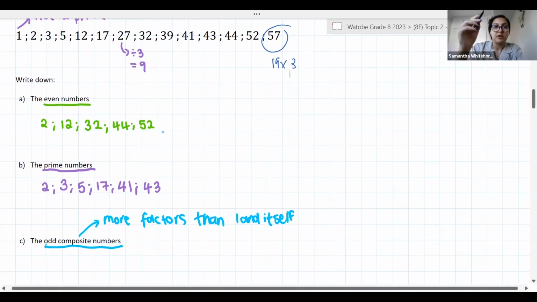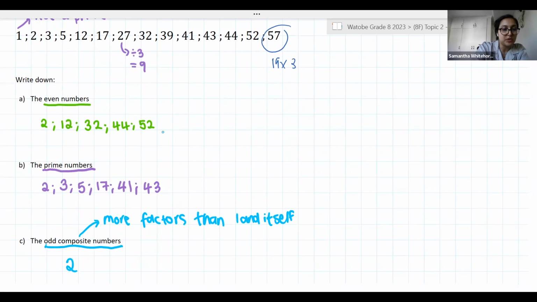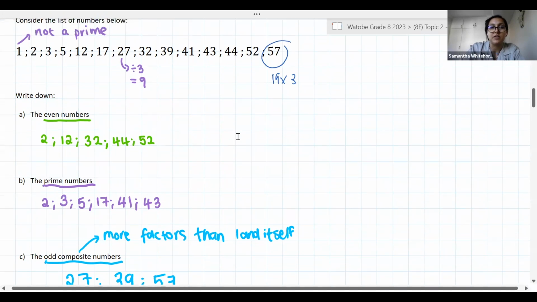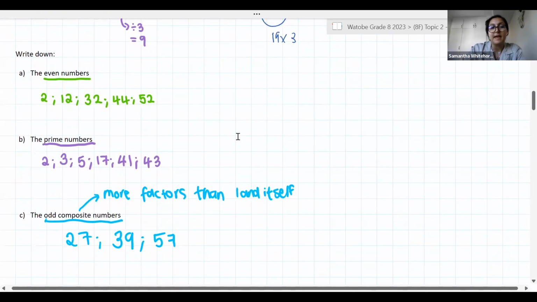Okay, so far in the chat, we've got some options here. The first one, we've got 27, which is excellent. And I've already said that 27 has other factors, 3 times 9. 39, very nice. Can be divided by 3 as well. Obviously now 57, we know that because I've just explained that 57 is indeed not a prime. And so our odd composite numbers are 27, 39, and 57.